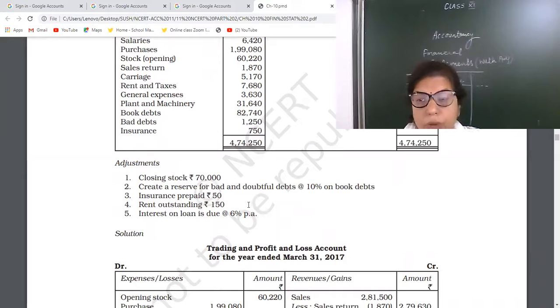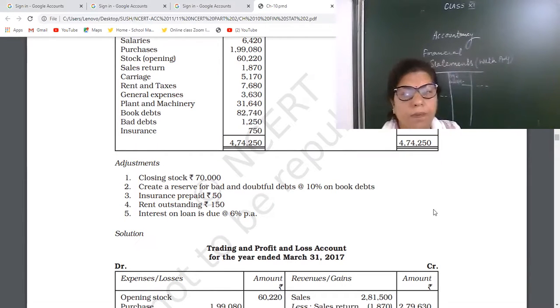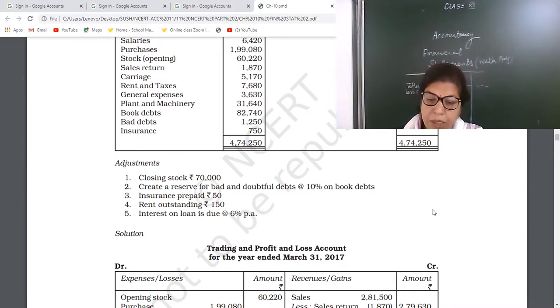Now, rent outstanding. Outstanding means services taken but payment not made. Still due. Amount still due means amount not paid yet. Services taken by the proprietor but amount not paid. Here see, rent outstanding means he has to pay the rent amount.